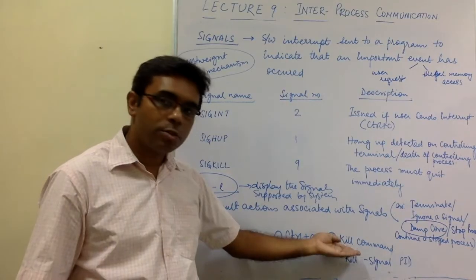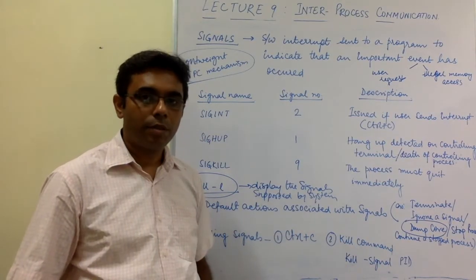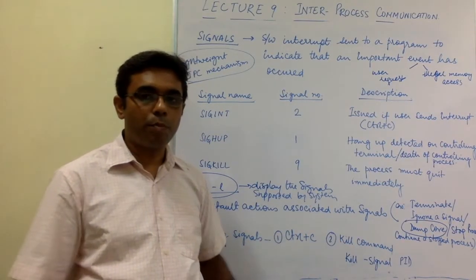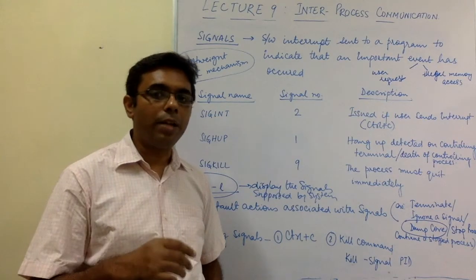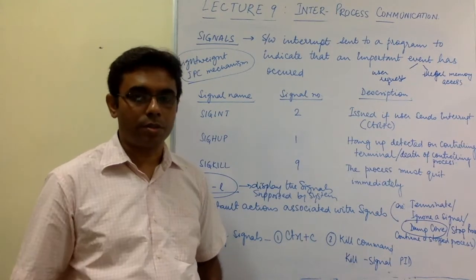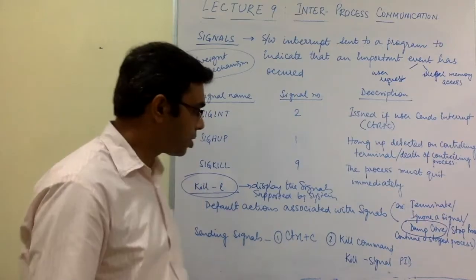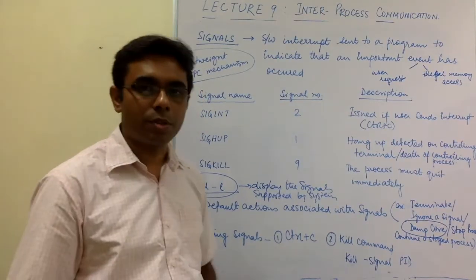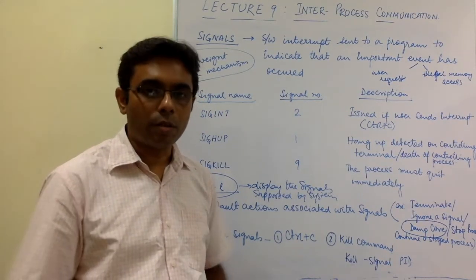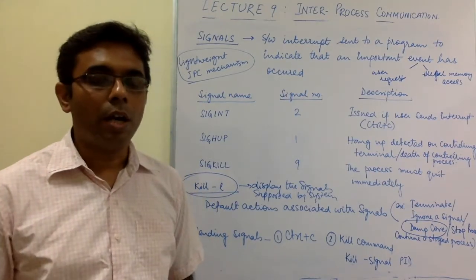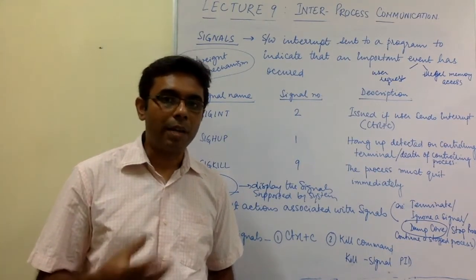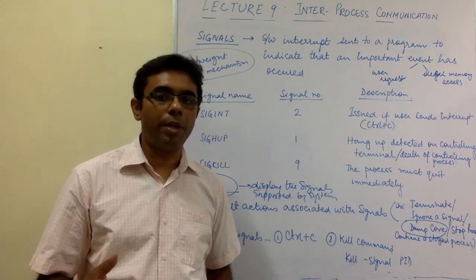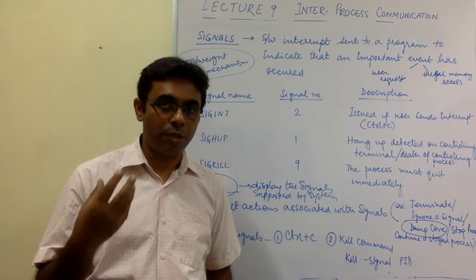The other way is through something called the kill command. Let's say there's a process and the process would like to terminate some other process. Let's say the bash wants to terminate some other process. It's very often you come across this situation. A particular process is malfunctioning or it is taking too much memory and you would like that particular process to be terminated.